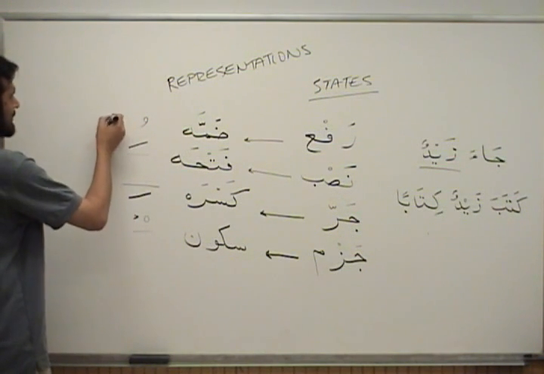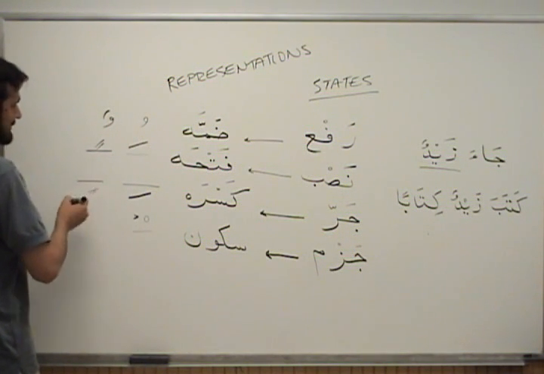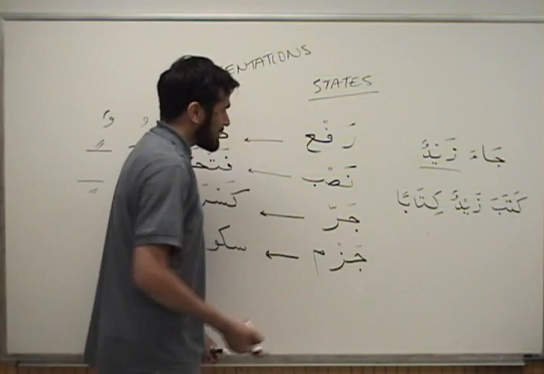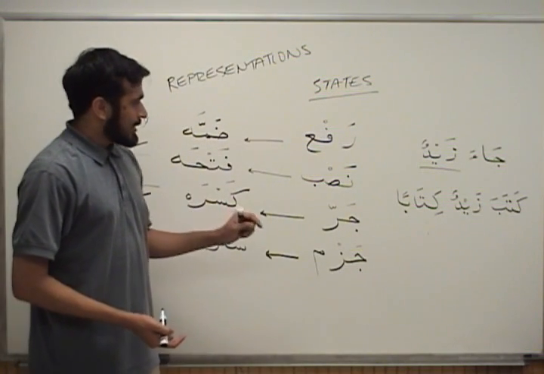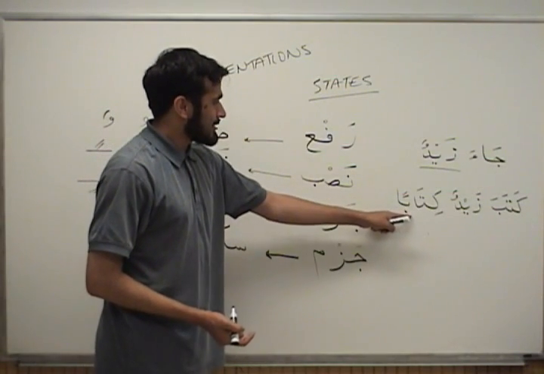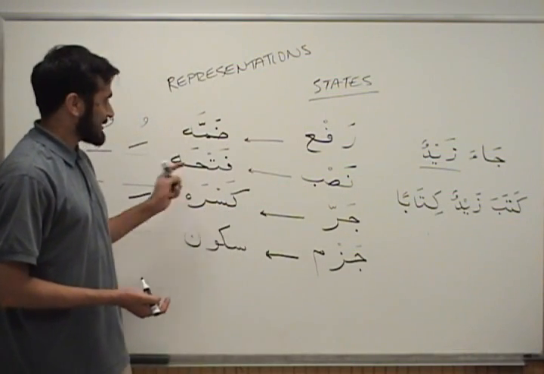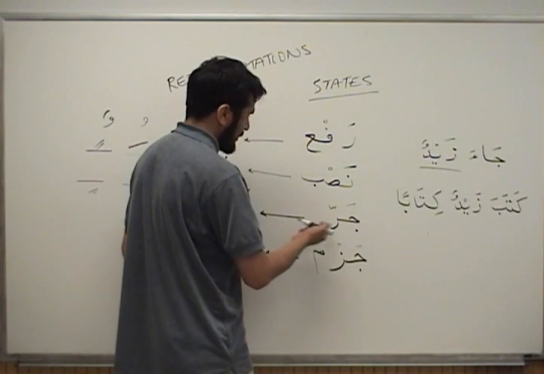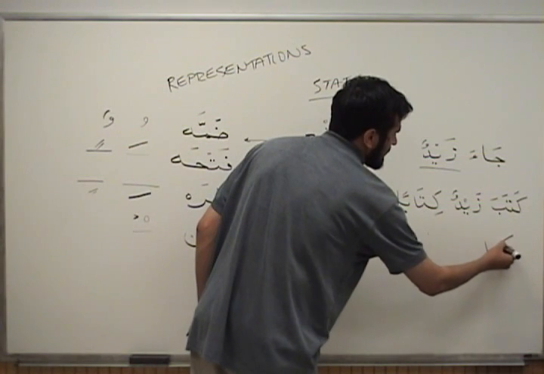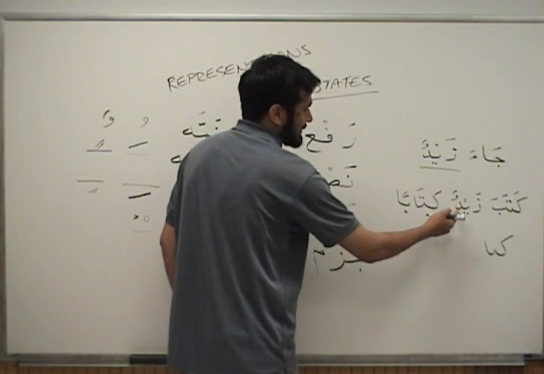So it could be two Dhammas, two Fathas, or two Kasras, or it could be one. So over here, the two Fathas on Kitaban are a representation of Nasb, that this Kitaban, this ism in this sentence has a state of nasb, and we show it using fatha. The first one means Zayd came. This one means Zayd wrote a book.